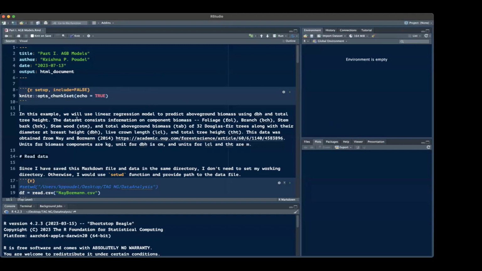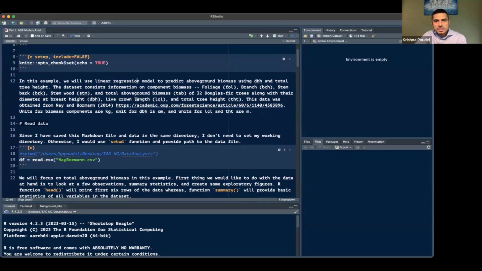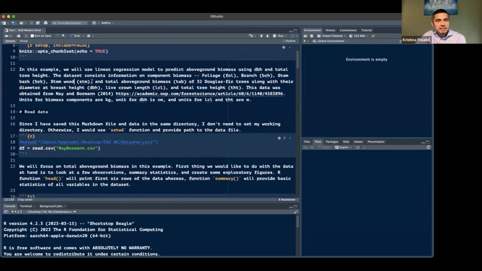In this example, we'll use a linear regression model to predict above-ground biomass using DBH and total tree height. The dataset consists of information on component biomass. Foliage is denoted using FOL, branch using BCH, stem bark using BRK, and stem wood using STM.